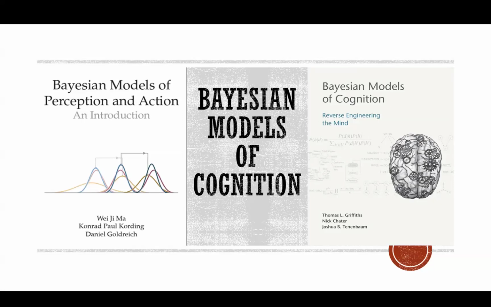We're now moving to the next chapter of the course, which is on Bayesian models of cognition. And I've taken broad inspiration from two books, one that came out a year or two ago, I can't remember, called Bayesian Models of Perception and Action, that goes really nitty-gritty into how we can model very basic perceptual and motor processes using Bayes.